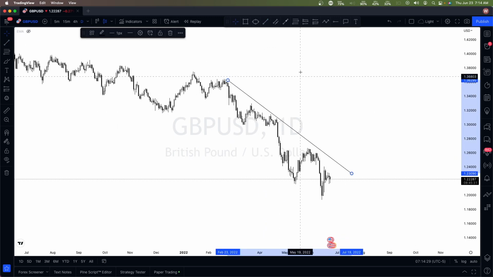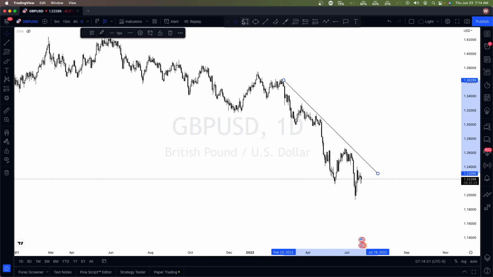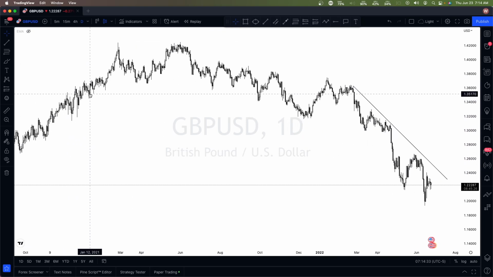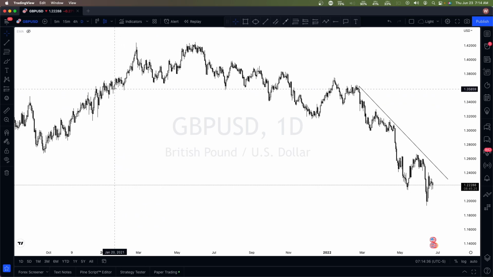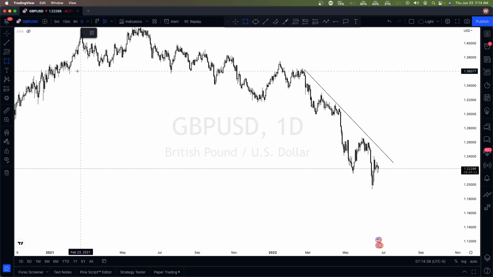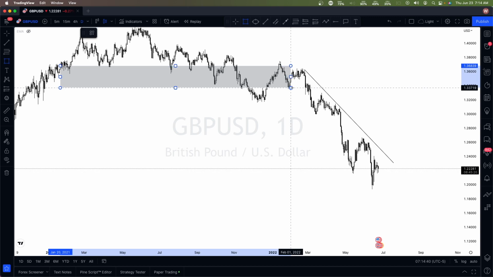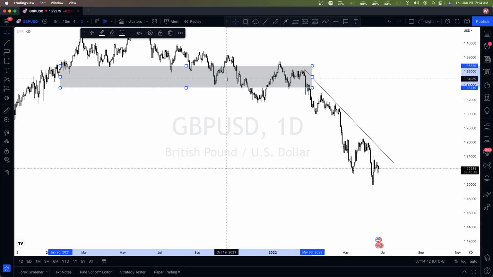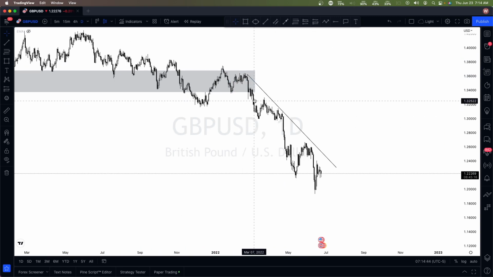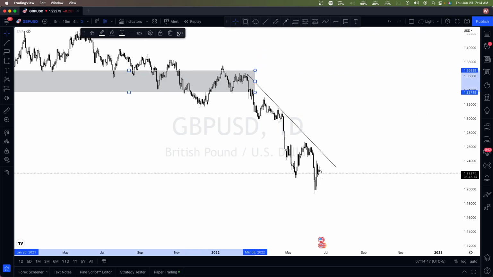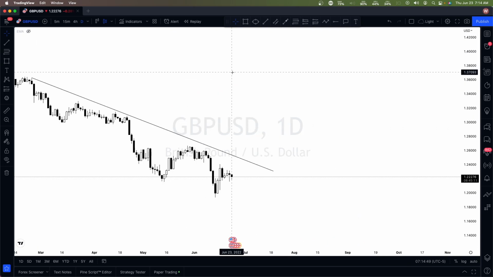About right here, you can see that we had support all over this area, and price broke out of it. So we are in a downtrend on the daily chart.